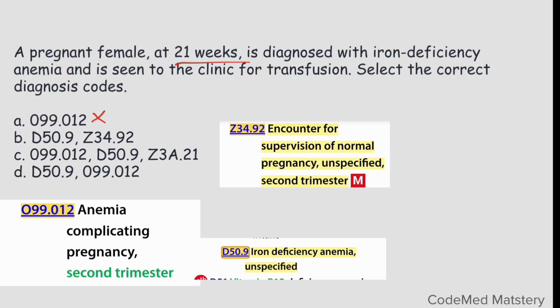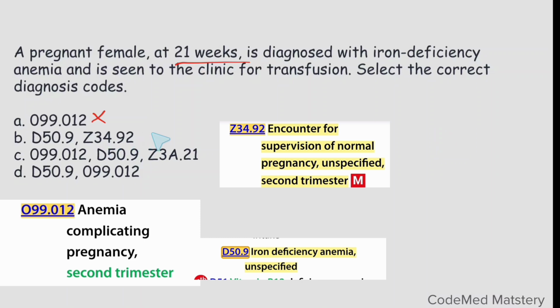Z34.92 is for encounter for supervision of normal pregnancy, unspecified, second trimester. But in the scenario, a pregnant female is diagnosed with iron deficiency anemia. So we cannot code for Z34.92, encounter for supervision of normal pregnancy, second trimester.